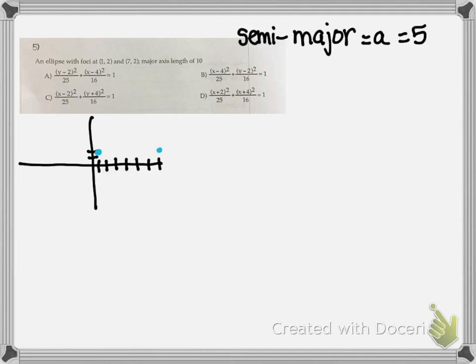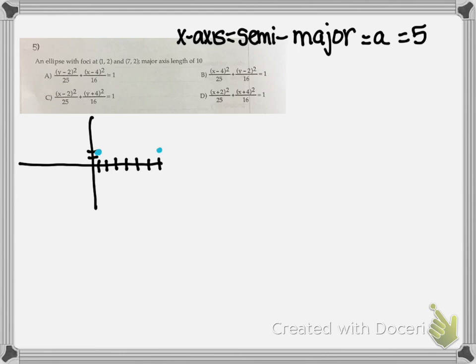So my foci are obviously going to be symmetrical horizontally, so that means that my major has to be on my x-axis because my foci have to be on my major axis itself.